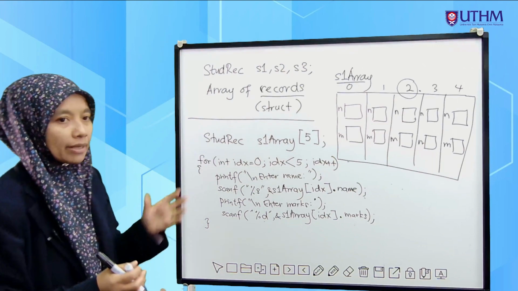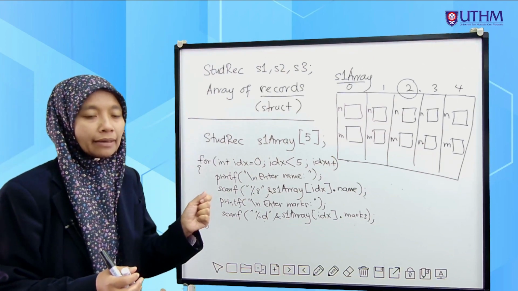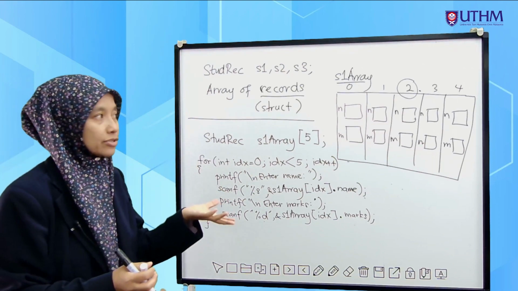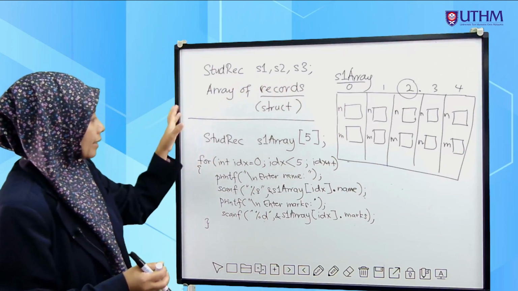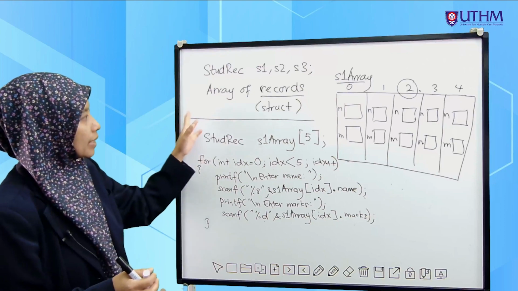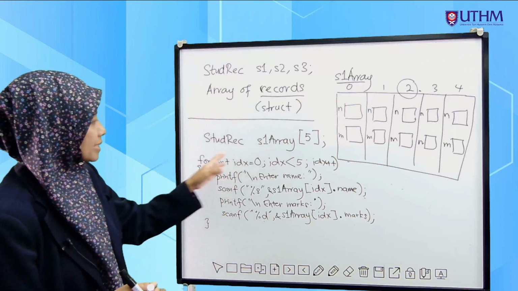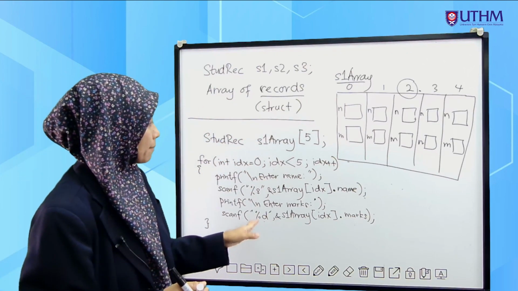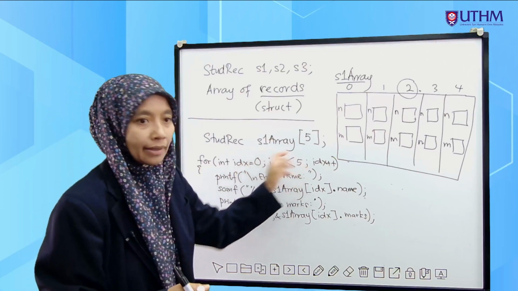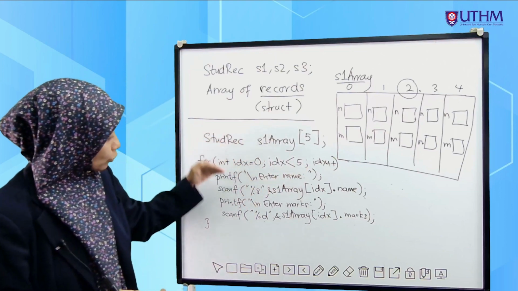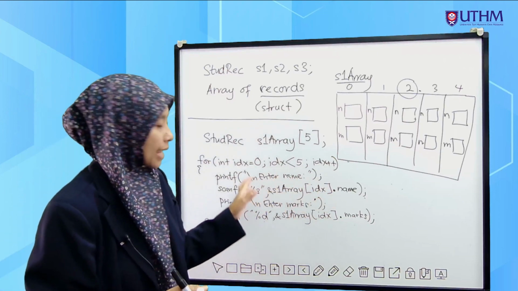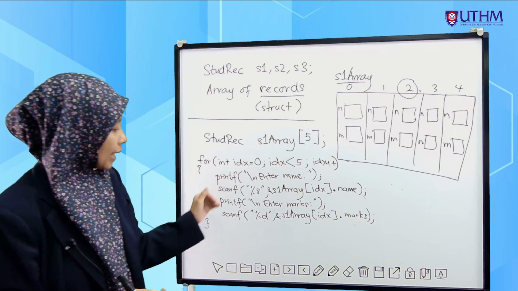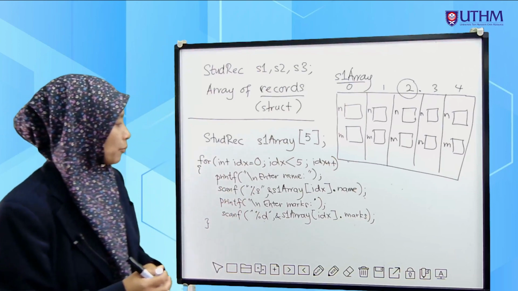So we have learned how to declare single struct variables like s1, s2, s3, and now we are done with array of struct. In this particular example, we have learned how to declare the array, how to read input into each member for each element in the array, and how to display output as well.